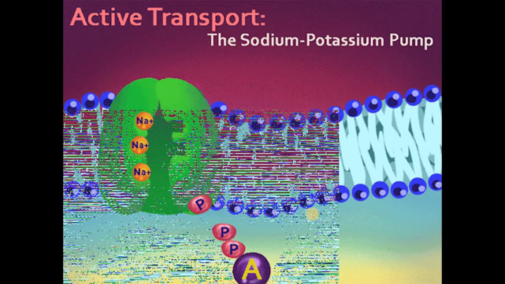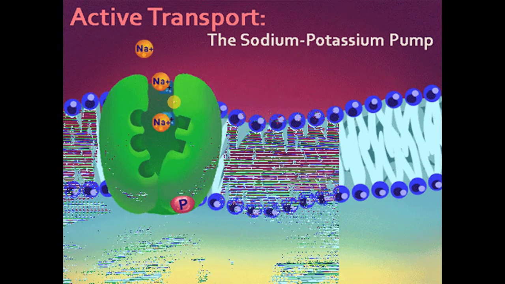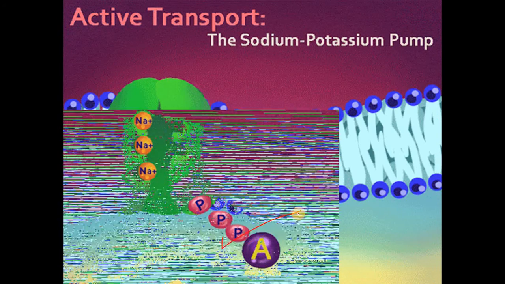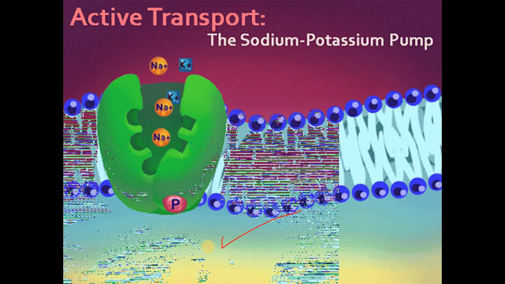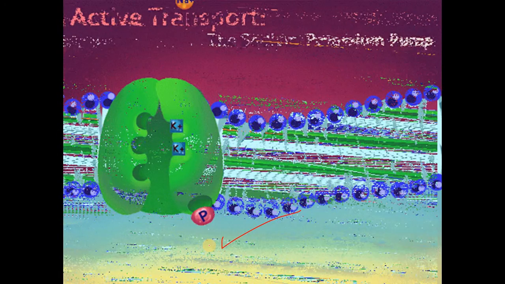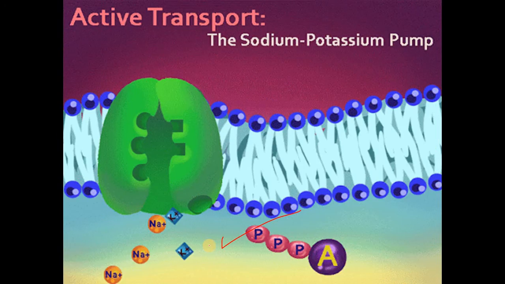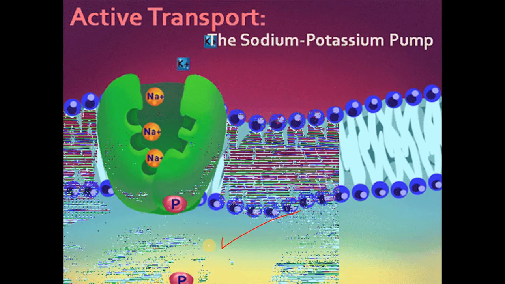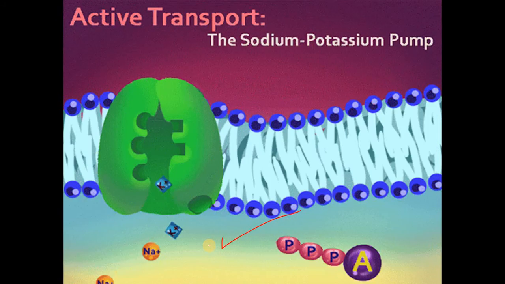Here 3 Na plus go outside the cell, while at the same time 2 K plus go inside the cell, and ATP is converted into ADP, that is, adenosine triphosphate is converted into adenosine diphosphate. So this is the mechanism of the sodium potassium pump for active transport in the cell membrane.